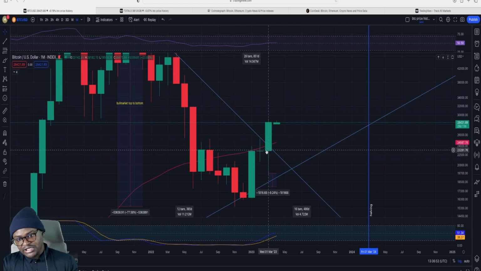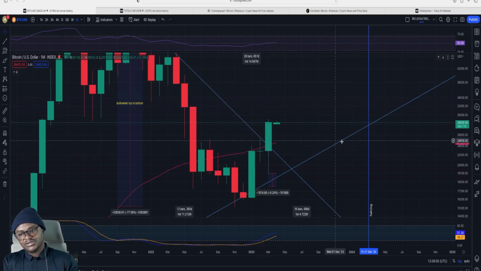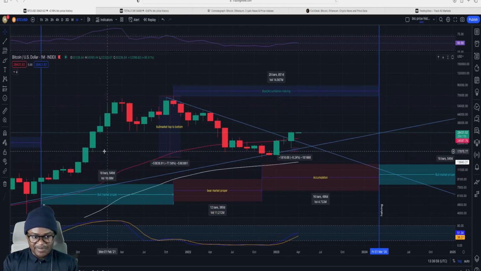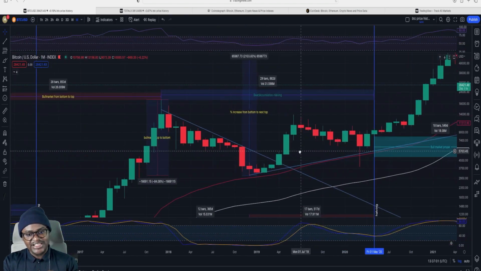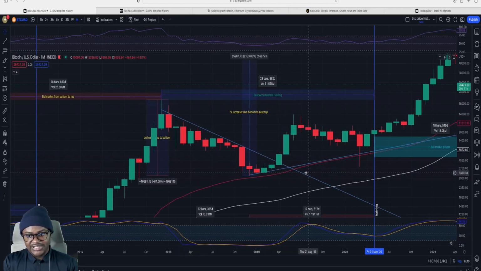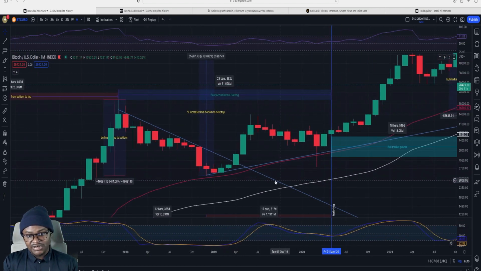We did not only close above that, we also closed the monthly candle above that downward sloping trend line from the all-time high. And you can go back to the past cycles, you will see that closing outside that downward sloping trend line actually meant a lot of things.